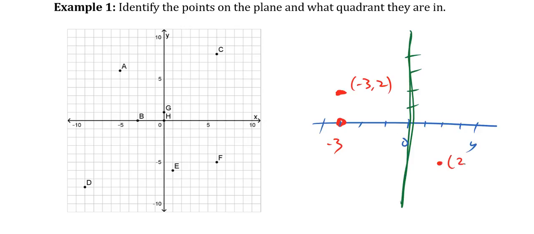Take a look at that. Same numbers, two very different points. So it's really important that we all are speaking the same language, and the order of the coordinates matters. The first one is always your sideways movement, and the second one is always your up-down movement.